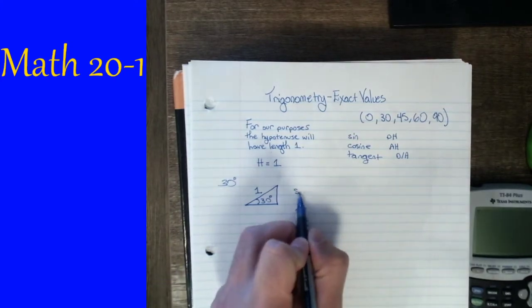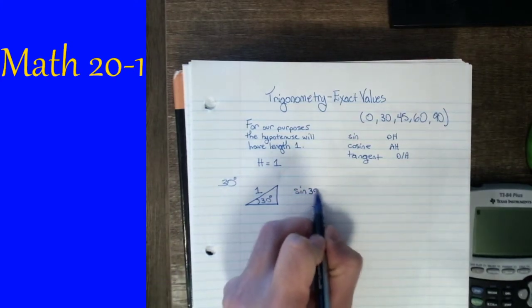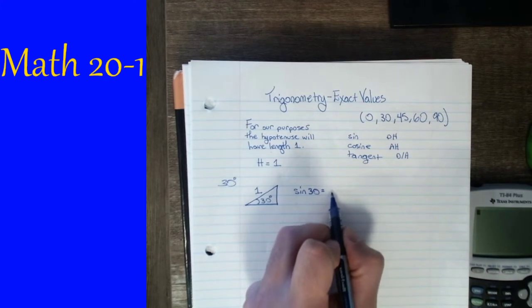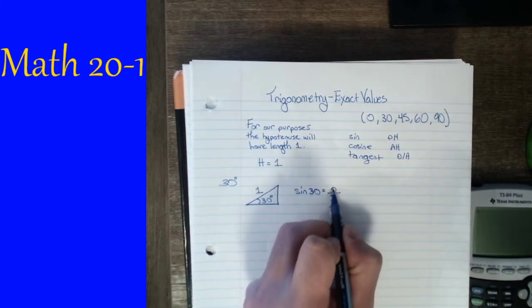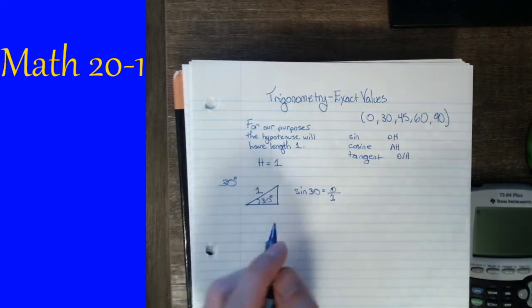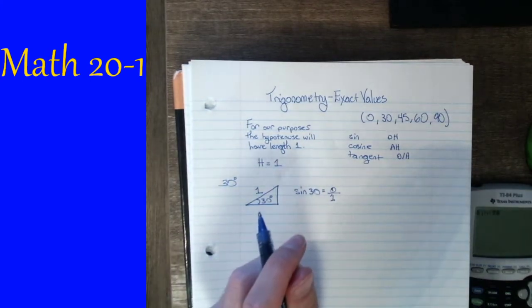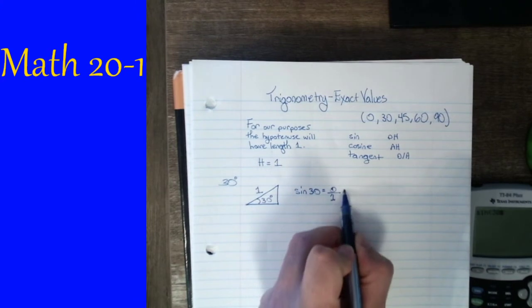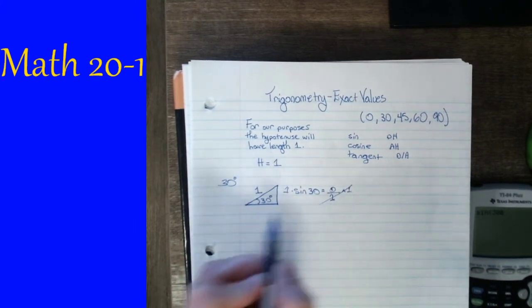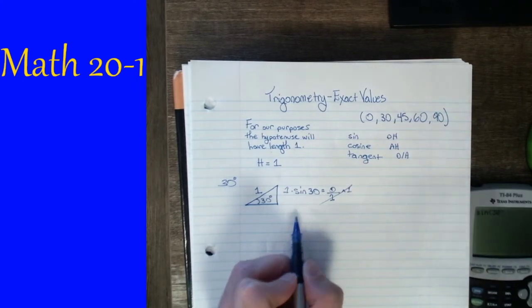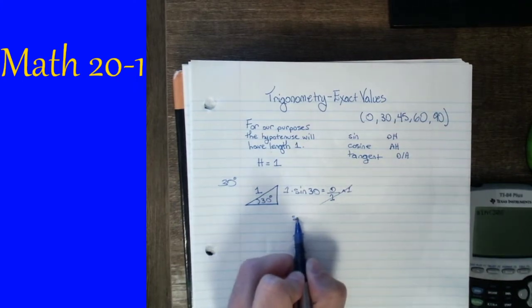So let's do that. Sine of 30 is equal to opposite over 1. So I guess then we would multiply by 1, so 1 times sine 30, just sine 30.